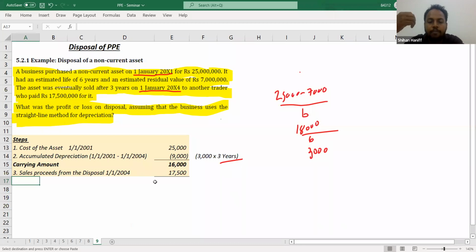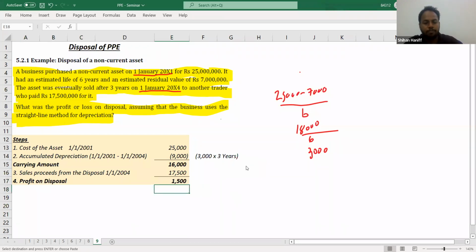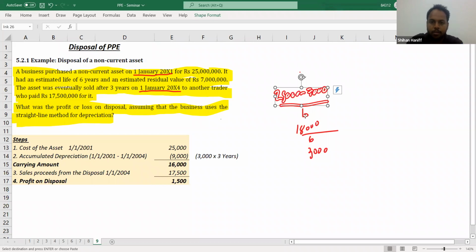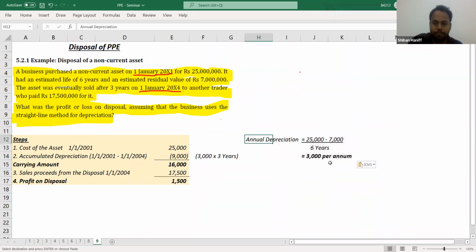That means we are making a profit of 1,500. So profit on disposal is 1,500.